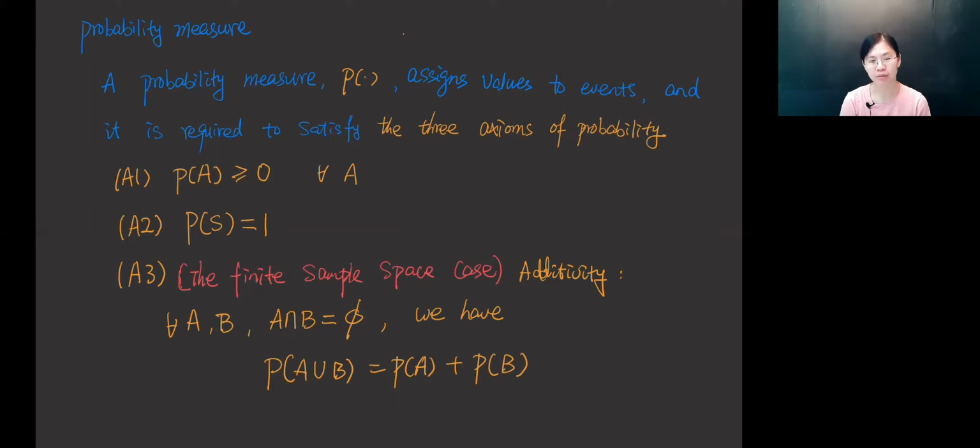If we union up two disjoint events A and B, the probability of the union should be the addition of the probability measure for A and the probability measure for B. That's, again, another very intuitive requirement for probabilities.